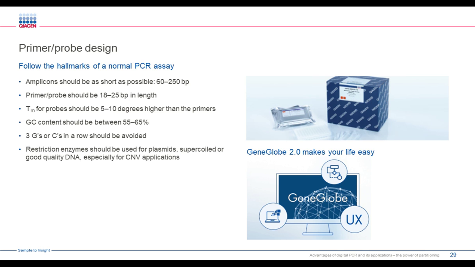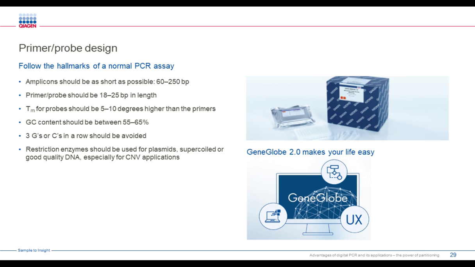When it comes to primer probe design, what kind of path should I follow? And this is really important. You should always try to follow the hallmarks of PCR, regardless of the fact that this is an endpoint PCR. So that means that you should try to keep the amplicons as short as possible, anything between 60 to, let's say, 250 bases, because you still need efficiency, because you need an amplification.